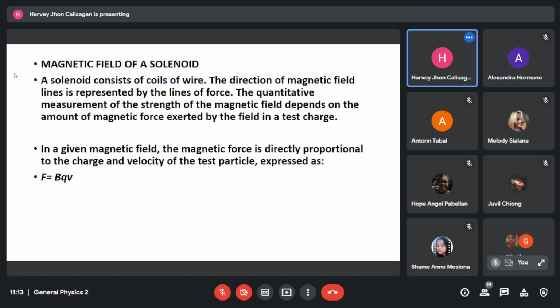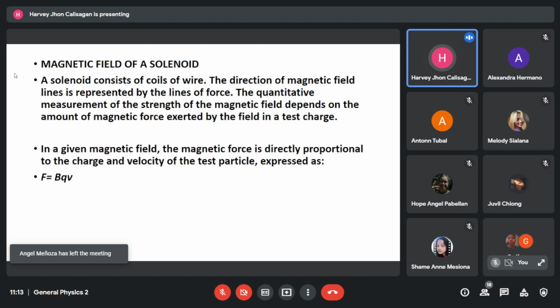In a given magnetic field, the magnetic force is directly proportional to the charge and velocity of the test particles. Since there is a current here, the particles in the current are moving, from south to north or north to south, depending on the source.